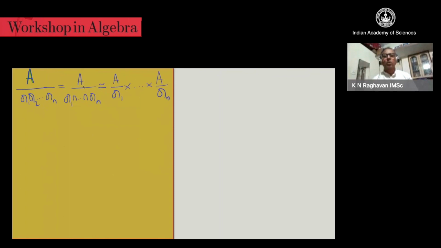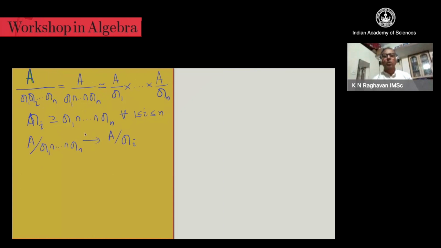What is the natural map? Well, we have Ai contains A1 intersection through AN, obviously, for all i between 1 and n. If an ideal contains another ideal, so this A1, for example, contains this intersection, this is a smaller ideal and this is a bigger ideal. So there is a natural quotient map from the intersection to each of the quotients, and I'm taking the product of those.